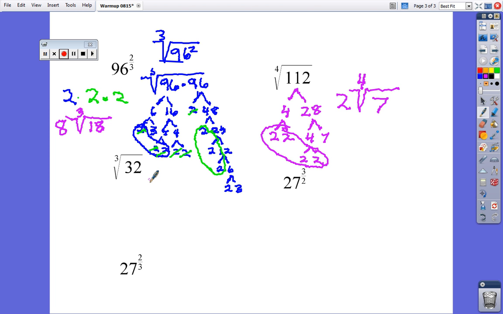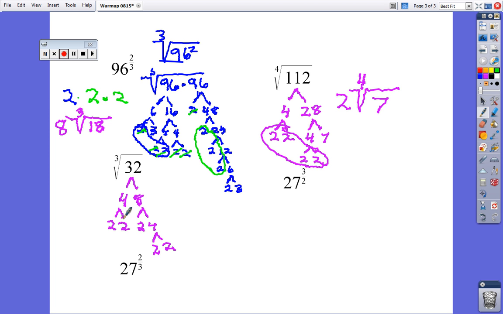Got 3 more examples. 32, the cube root of 32. And we'll prime factor this also. See if we can find 3 numbers this time. We have 4 times 8. 2 times 2 for 4. 2 times 4 for 8. 2 times 2.